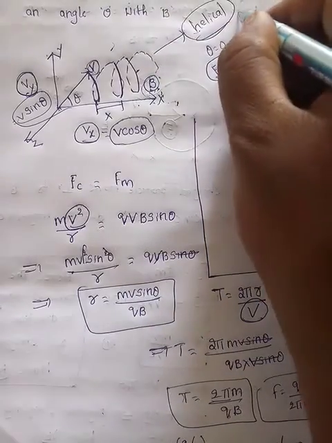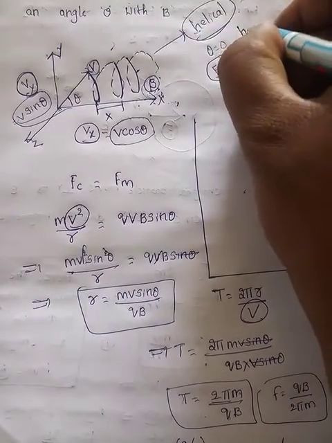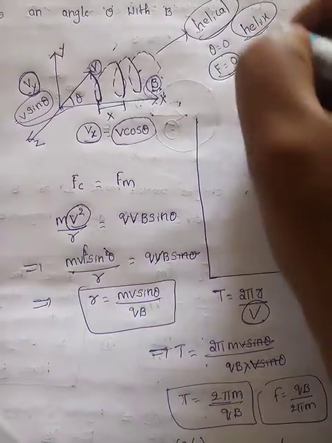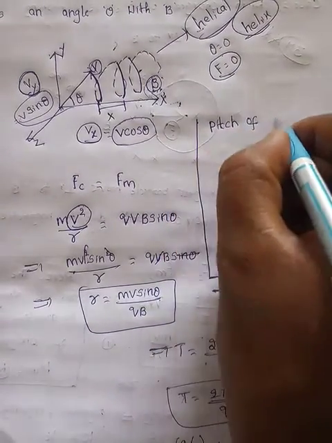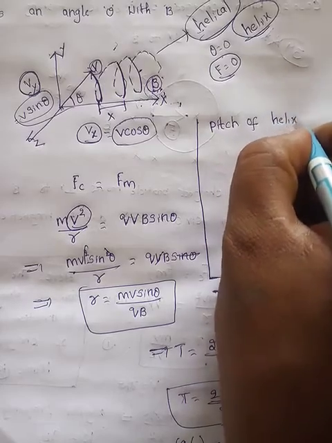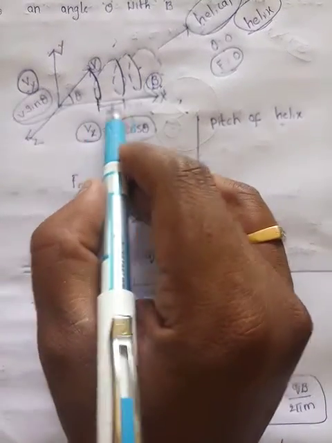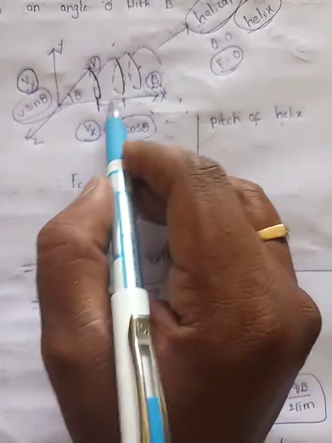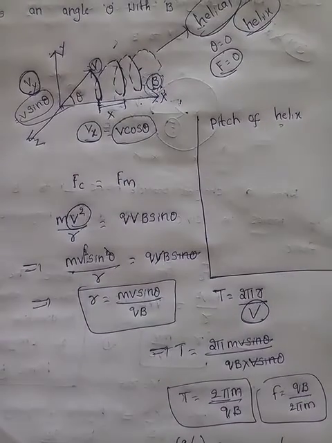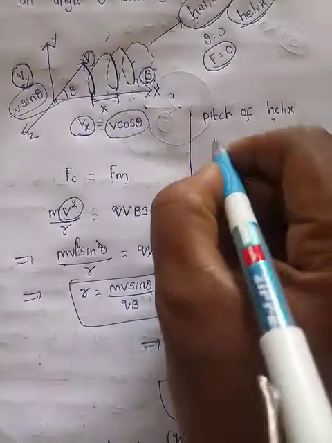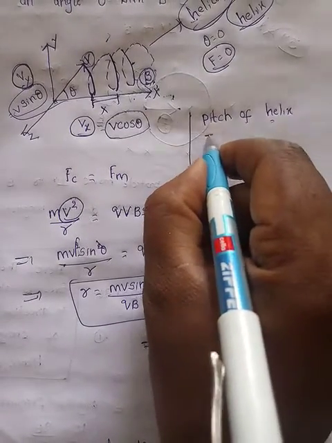It is moving in which path? Helical path, and the shape is called a helix. What is pitch of helix? The linear distance moved by the charged particle along the direction of magnetic field in one rotation. The definition is very important for 1 mark.